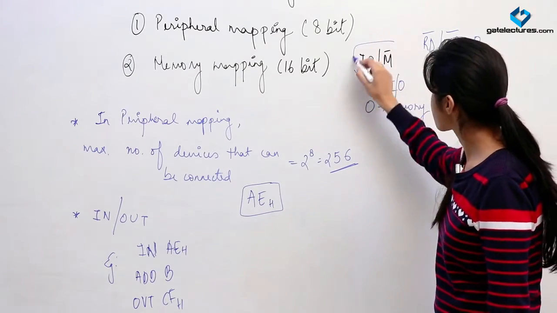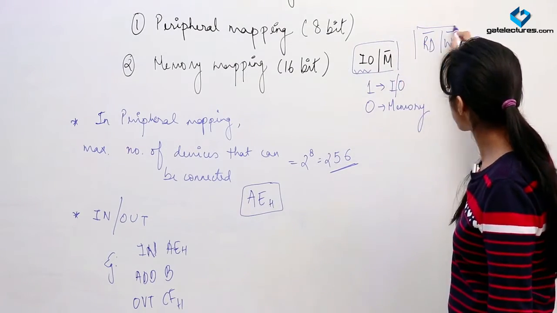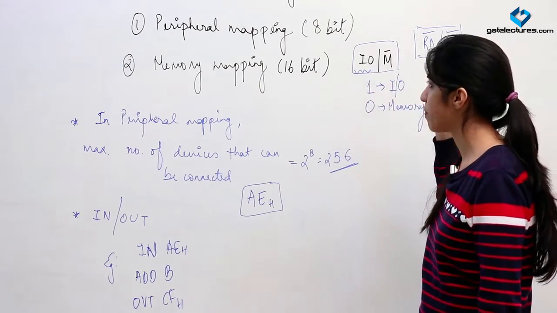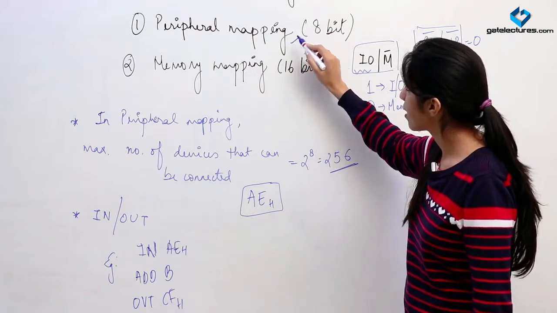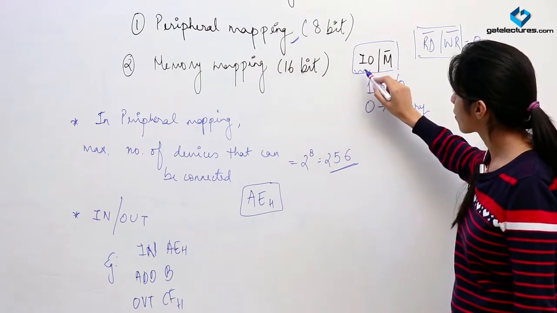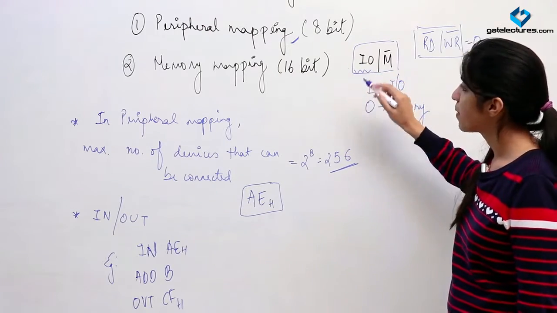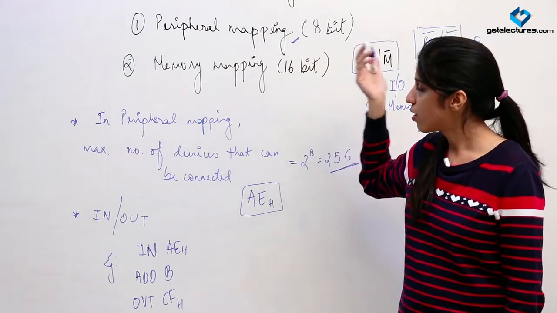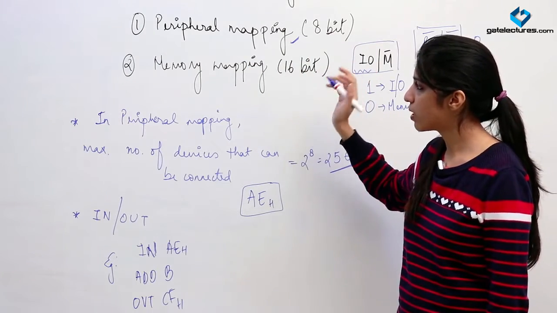So using these pins, you can read or write from input output devices or from memory. In peripheral mapping, in input interfacing an IO device, we are going to make this IO pin 1. If we are using memory mapping, that is, if we are locating the devices as memory locations.